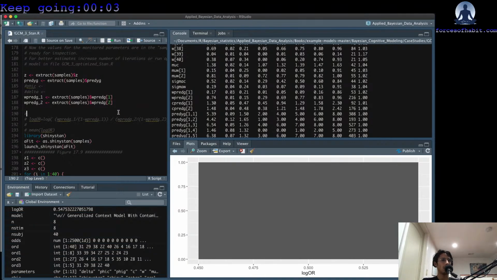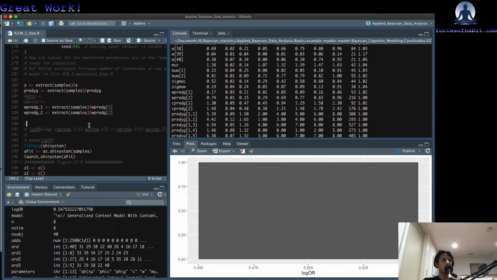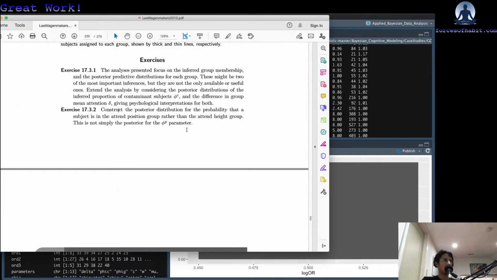Alas, I'm out of time for the night. But essentially, we're trying to create some ratio or some assessment of the odds of someone attending to the one group rather than the other.